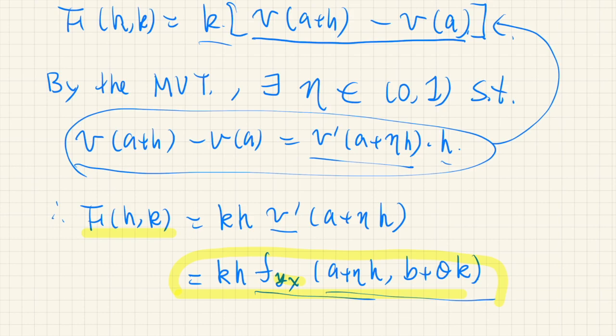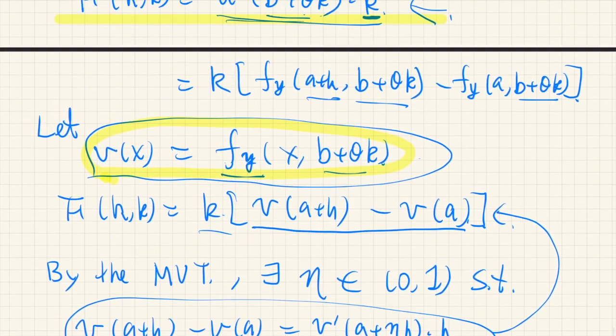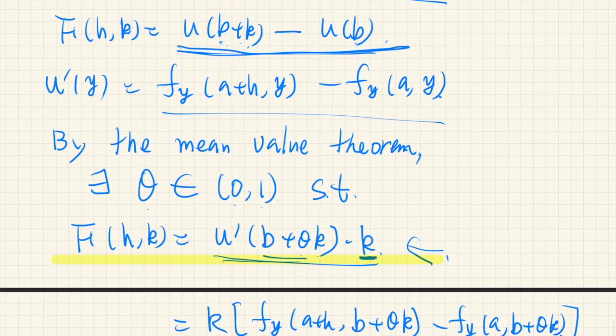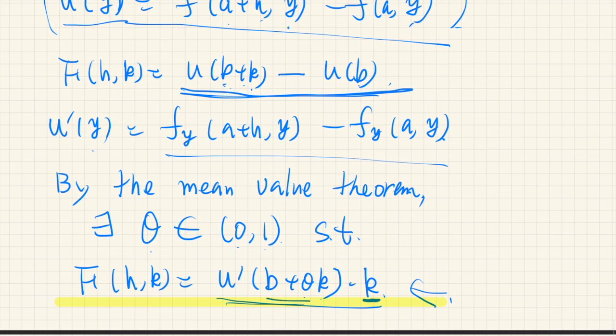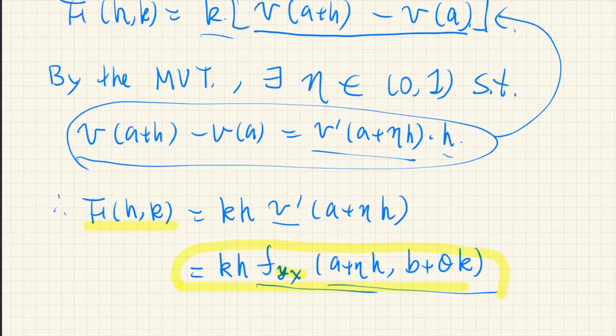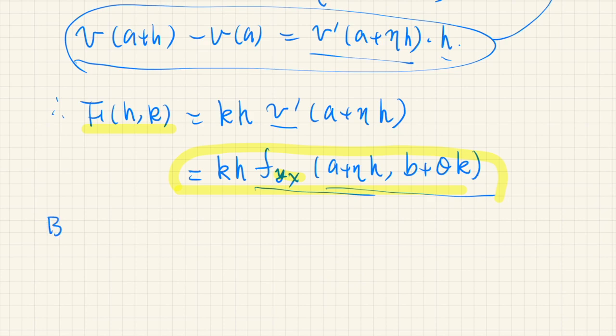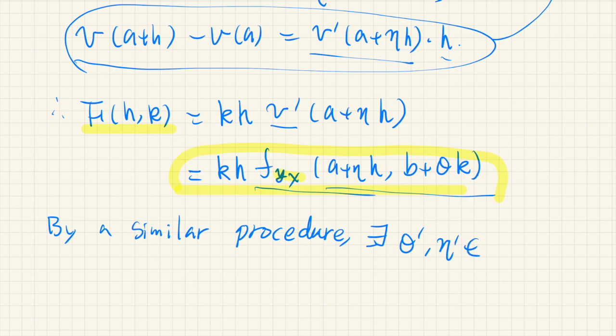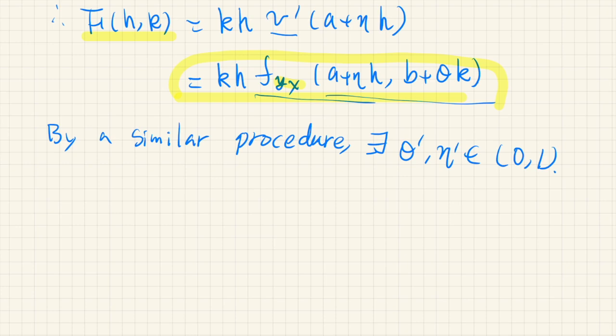Okay, so we do this process again, but first we differentiate with respect to x instead of y, then do the same thing with respect to y instead of x. Then, by a similar procedure, there exist some theta prime and eta prime, both between 0 and 1, so we use the mean value theorem again.